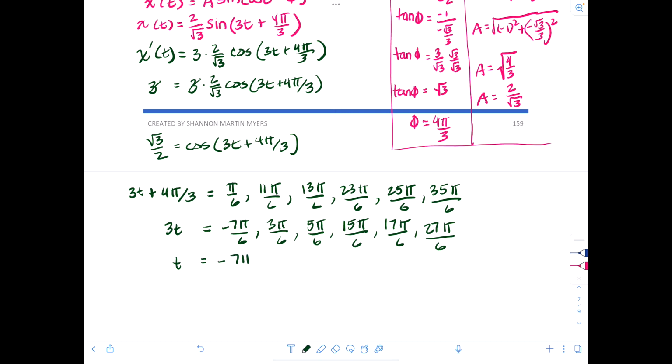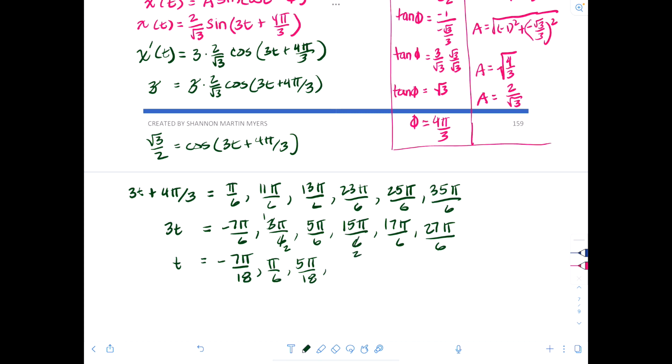So the first one will get negative 7 pi over 18. Now the next one, what's going to happen? The 3 divided out some of that 6, so we're actually going to get pi over 6 for that second one. And then 5 pi over 18.